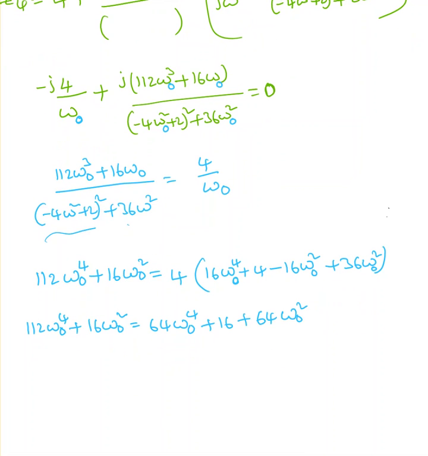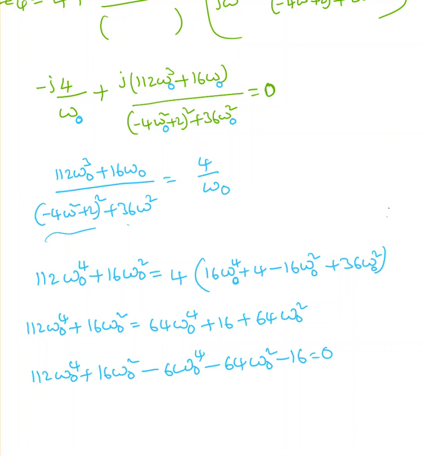Okay, now I'm going to pull everything to the other side, so 112 omega naught to the power of 4 plus 16 omega naught square minus 64 omega naught to the power of 4 minus 64 omega naught square minus 16 equal to 0.